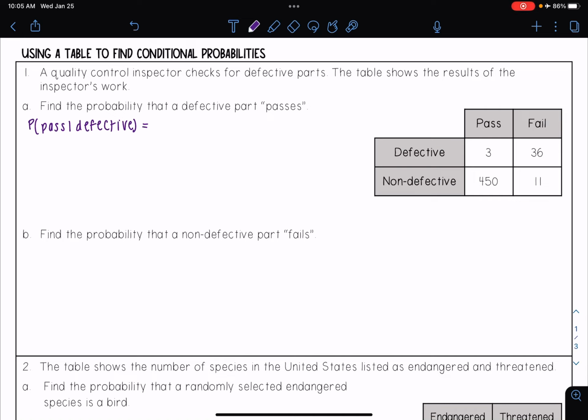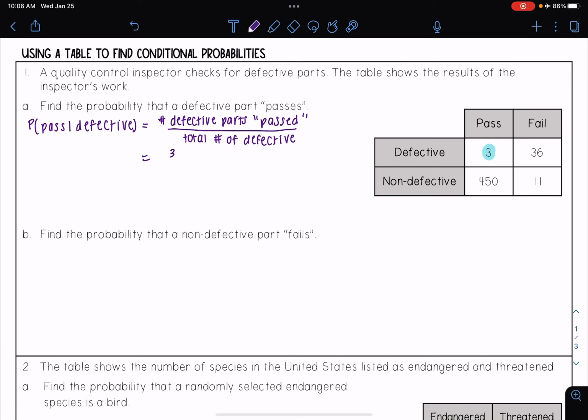And so to find that probability, I'm going to take the number of defective parts passed and divide it by the total number of defective parts. So looking at this table, I see that the number of defective parts that passed is this number right here.